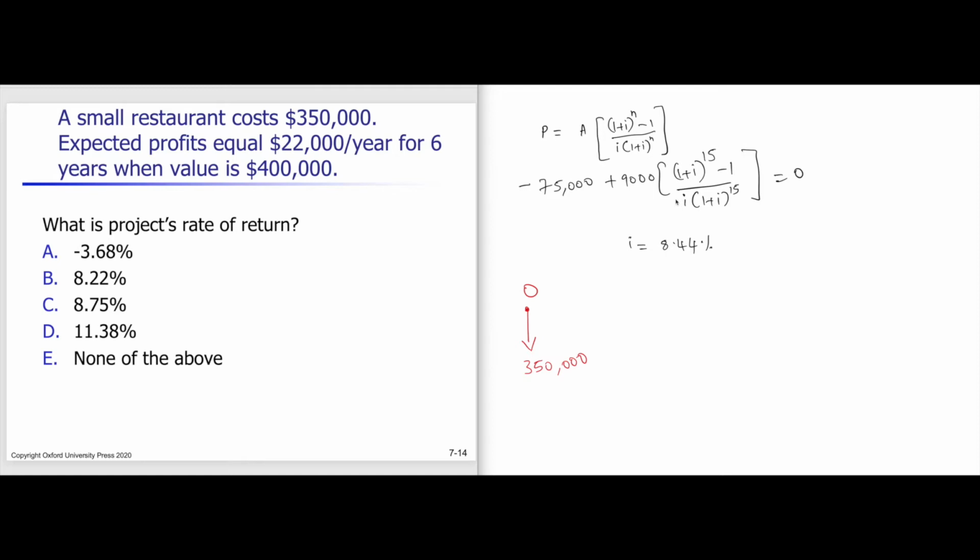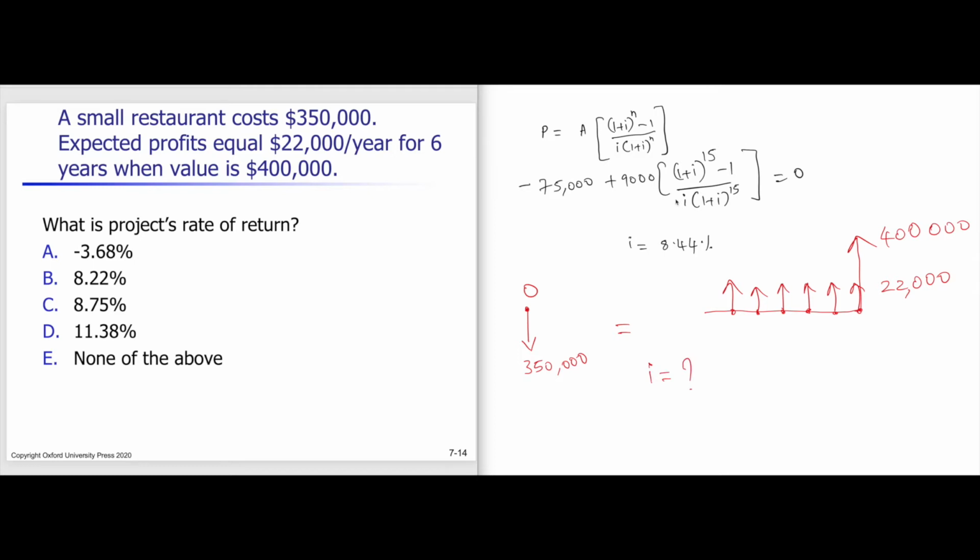So this becomes the cash flow for 6 years, 1, 2, 3, 4, 5, 6. The annual cash flow becomes 22,000, and also the value of the restaurant becomes 400,000. For this to happen, what is I?